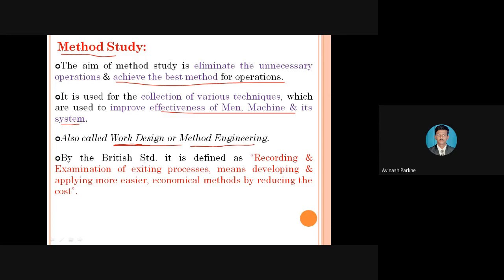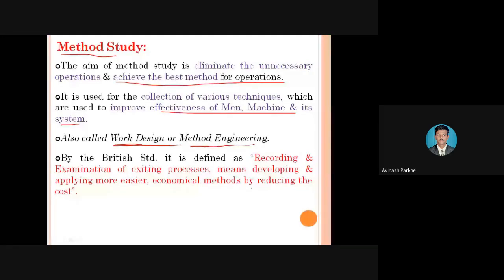Then, as per the British standard, it is defined as recording and examination of existing process. Recording and examination of existing process means developing and applying a more easy, economical method by reducing the cost.